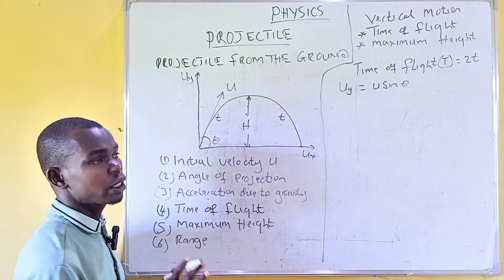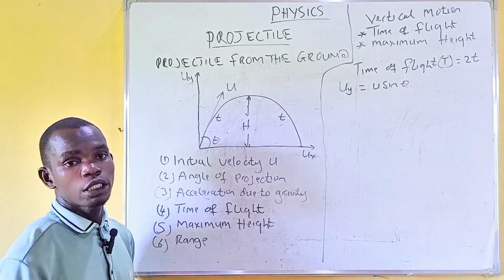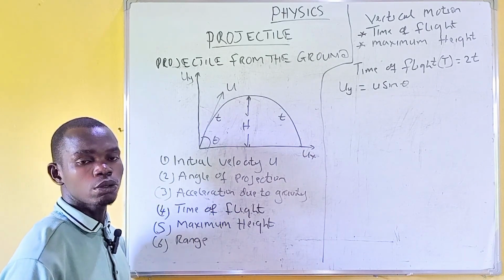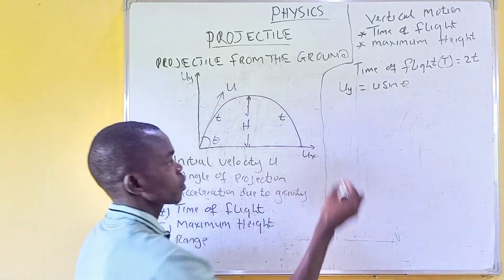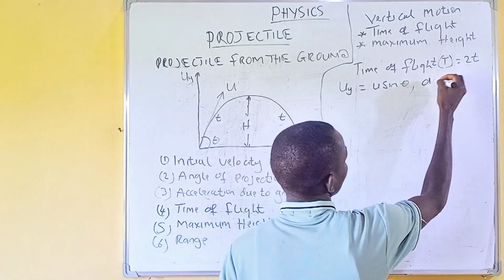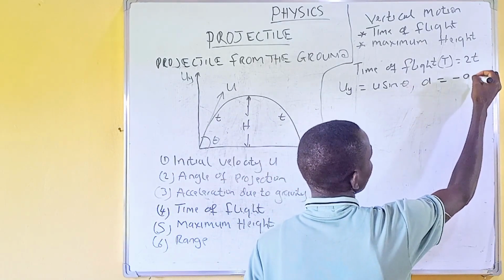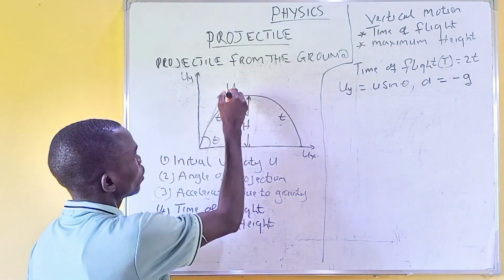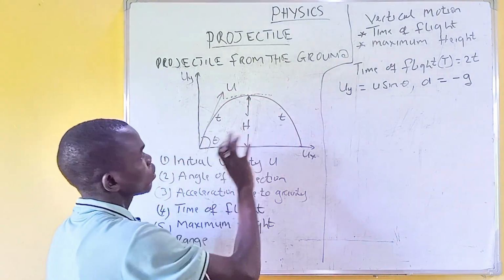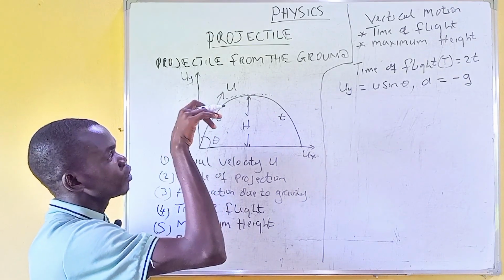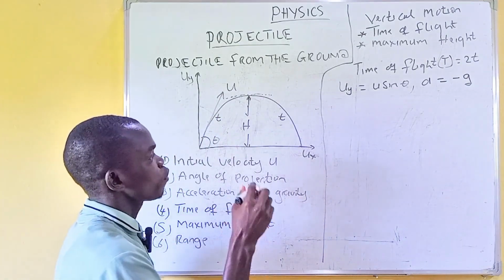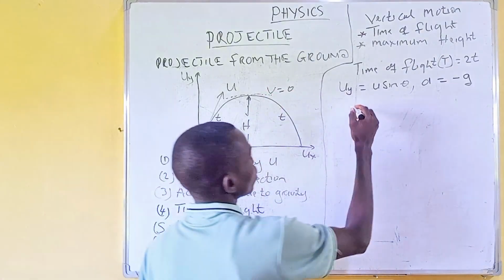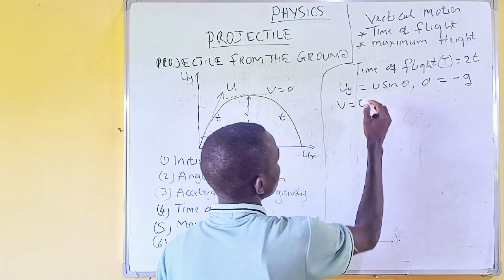And we know that when an object is moving upward, it moves in the opposite direction to acceleration due to gravity, so acceleration will be equal to negative g. And at the maximum height, where the object stops for a moment before returning to the ground, our final velocity is equal to 0. So v is equal to 0.